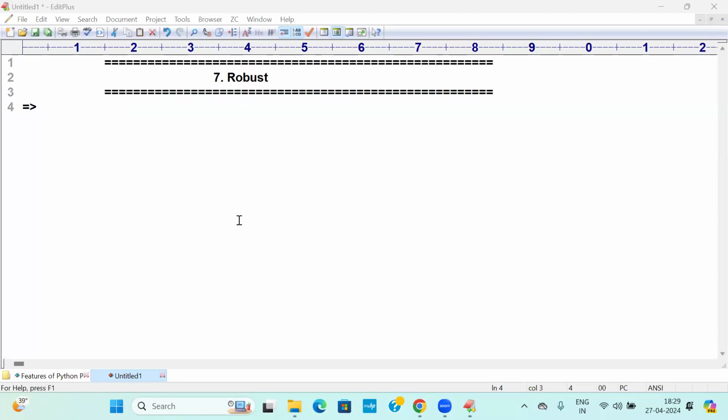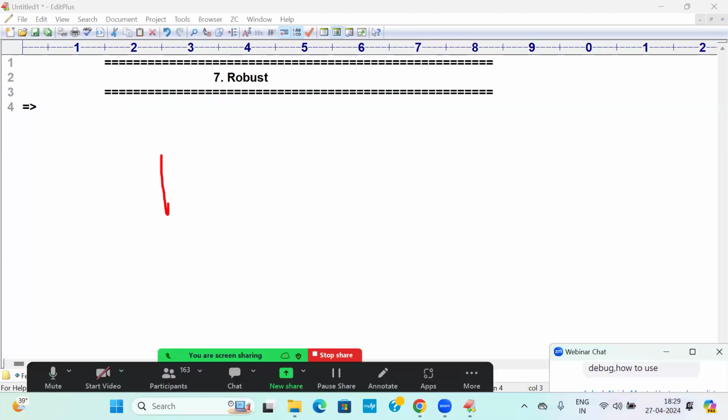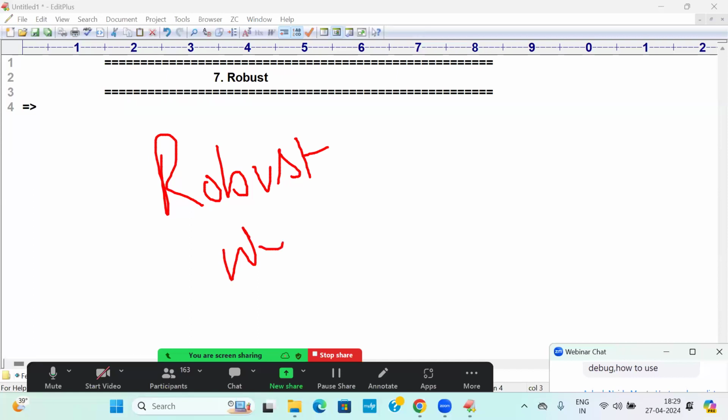So in general, I am writing one simple statement here. Robust as well as what? Weak. Robust as well as weak. This is my sentence today. Robust means what? I'm not asking for the English meaning; I'm asking about the coding point of it. If an end user commits a mistake, telling about the mistake to the end user directly through a piece of code is called what?